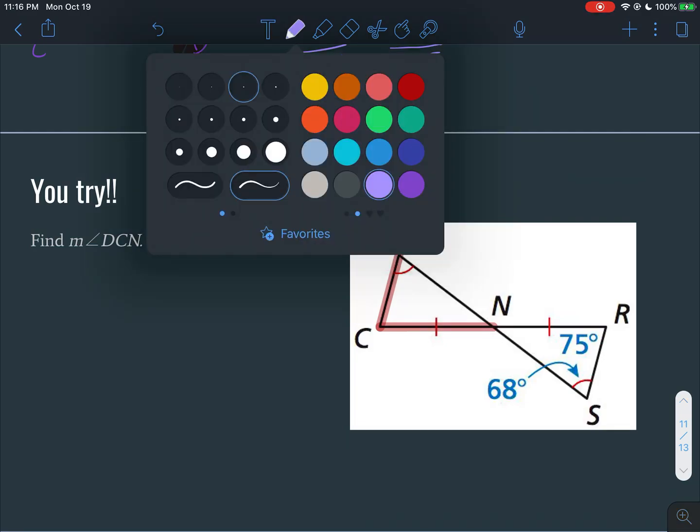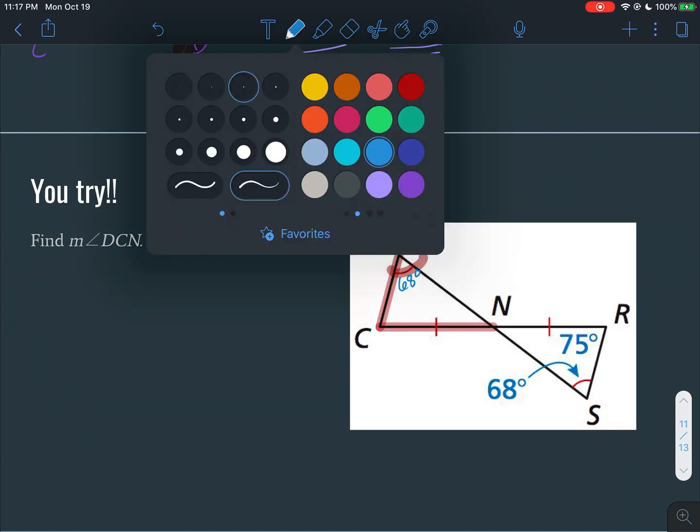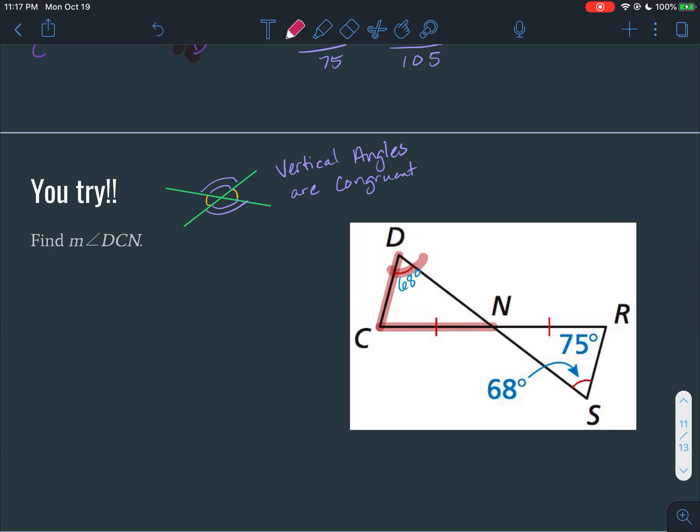So if angle S is 68 degrees, angle D is 68 degrees. That's what you got with matching arcs, 1 arc and 1 arc. Now, even though we don't know what it is right off, we know vertical angles are congruent. So I know those two angles are congruent.